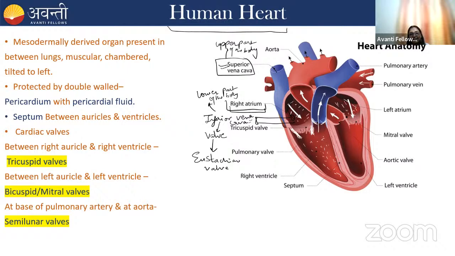Now the oxygenated blood has reached the left atrium. Okay. And there's also a valve present between the left atrium and the left ventricle, which is known as the mitral valve, or it is also known as the bicuspid valve.